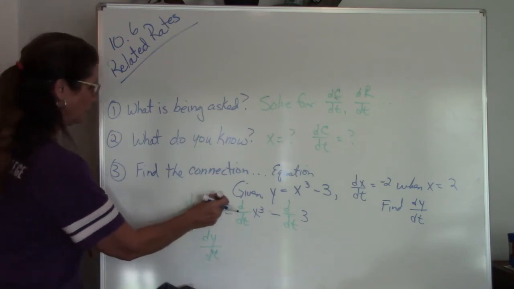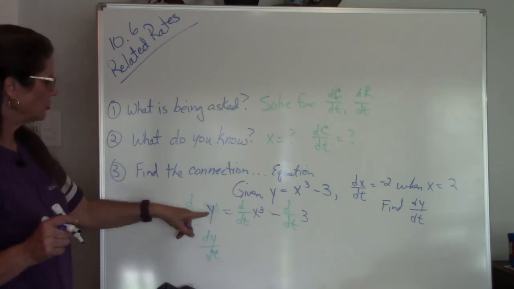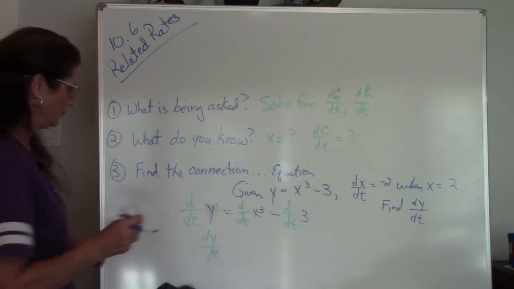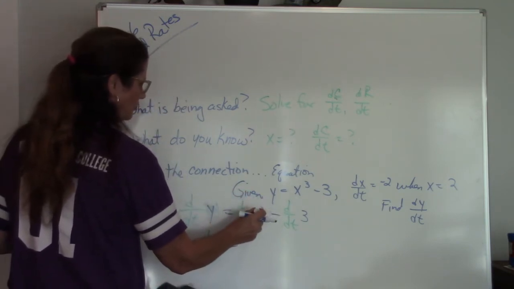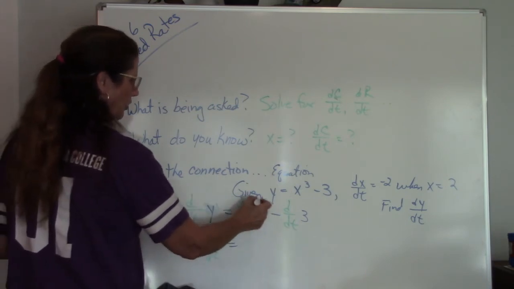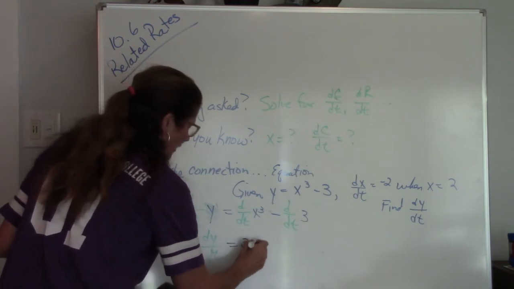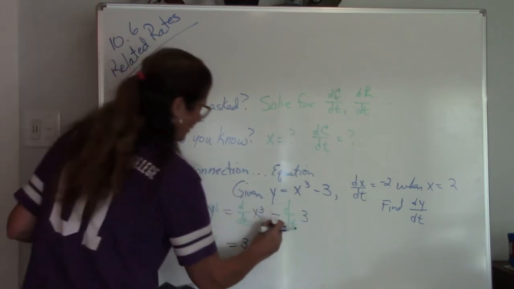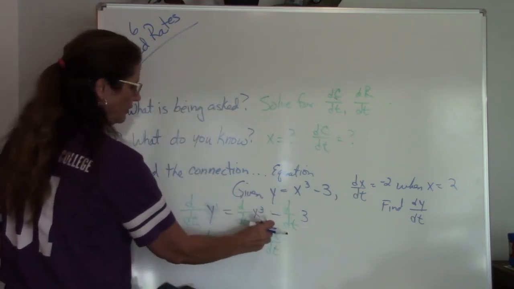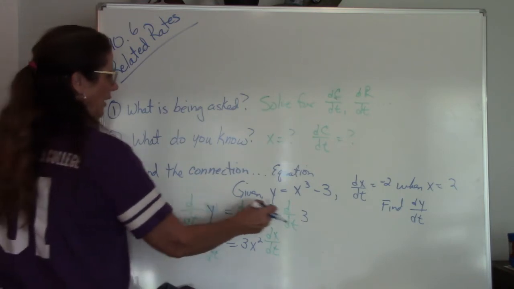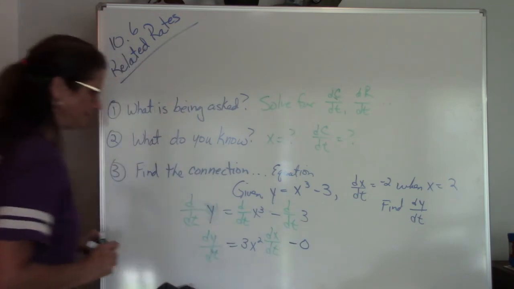There's a 1 here, so I bring it to the front, and when I subtract off, I get y to the 0, so it cancels. So dy/dt equals the derivative of x cubed in terms of t. Again, we're going to use the chain rule. The derivative of x cubed is 3x squared, and then dx/dt. So I peeled this off, and then I'm finding the derivative of x in terms of t. And then minus the derivative of 3 in terms of t is just 0.